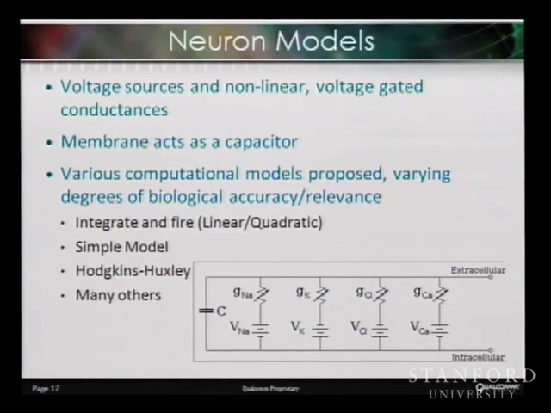So switching gears to neuron models, instead of abstracting away a neuron into a point and saying there's nothing in there except an addition and then it fires a spike, you can think of the membrane as a capacitance and each of the pores acting with a Nernst potential of the ion in series with a conductance that is nonlinear and time varying.